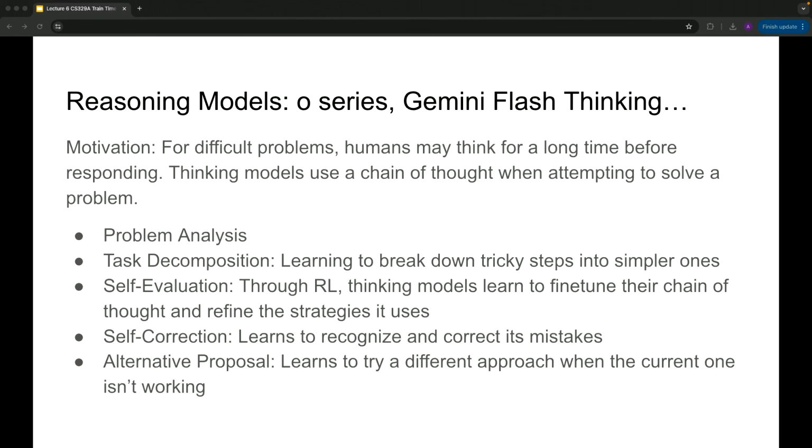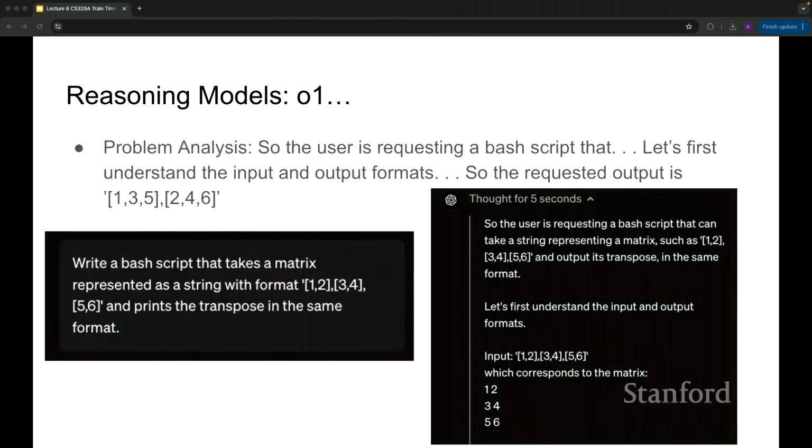So they might choose to backtrack, recognize their own mistakes, and go back to a previous step where they redo the problem. And they might try different approaches. It's somewhat like a parallel search where they might try multiple approaches at the same time if the current one is not leading to a solution. So it needs to have some sense of whether it's the correct solution or not.